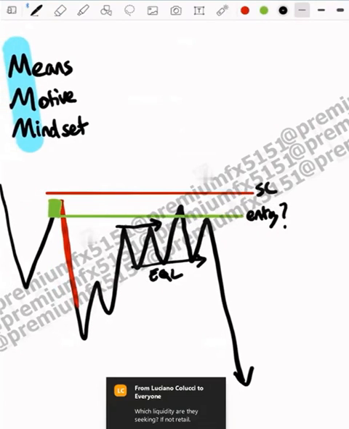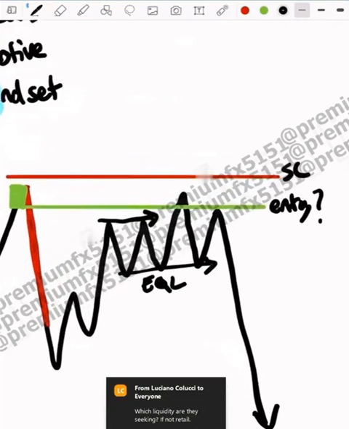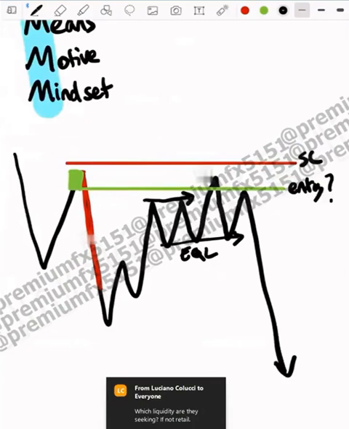Now, look at these 3 M's, means, motive, and mindset. If we are seeing this as, let me actually make it a little bit bigger.